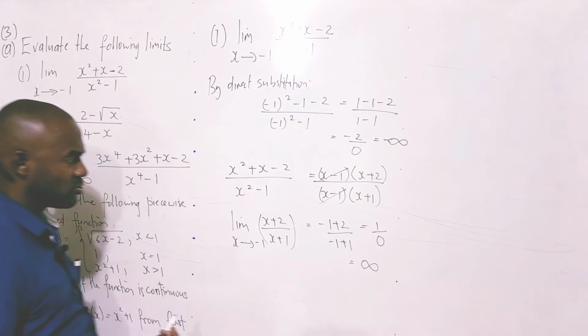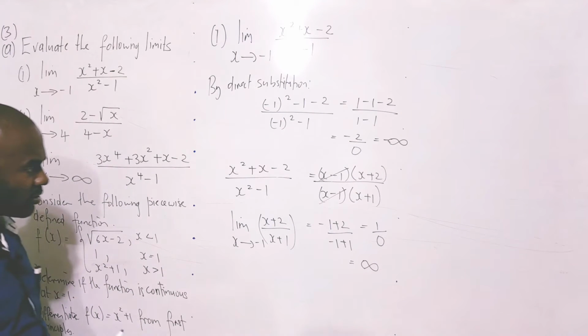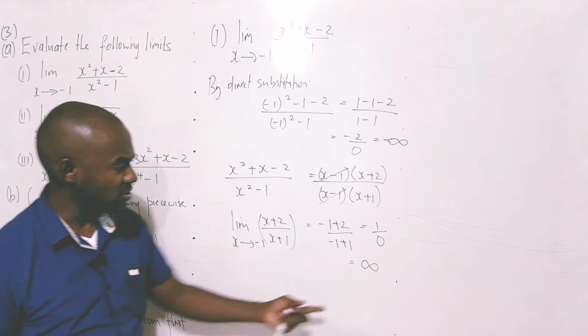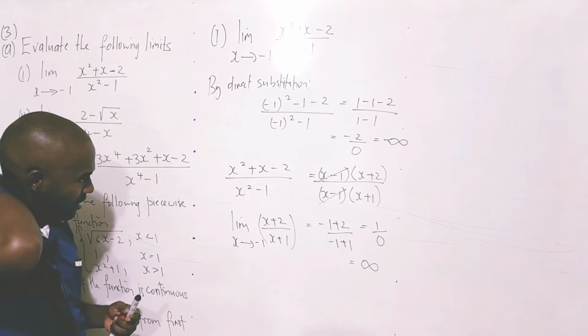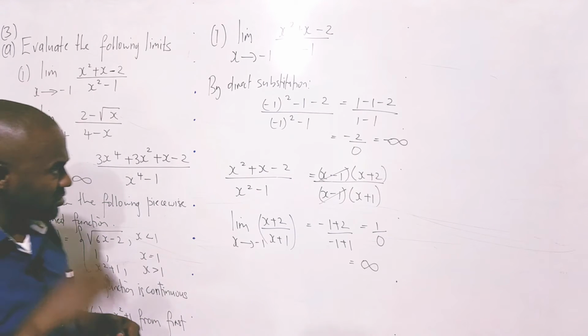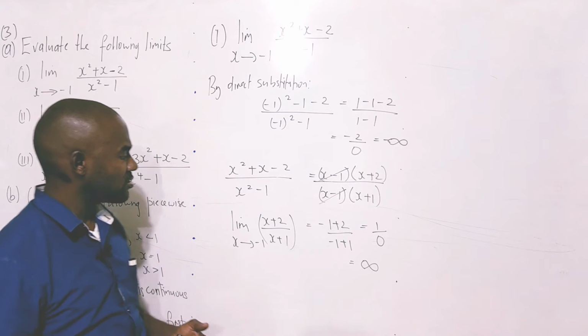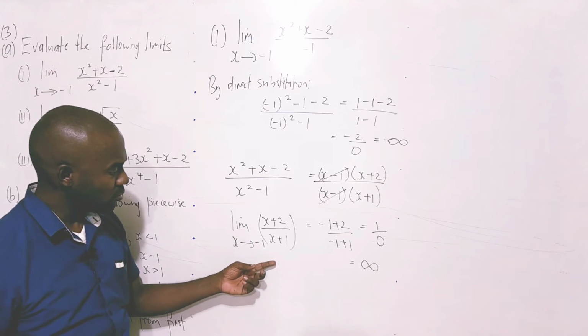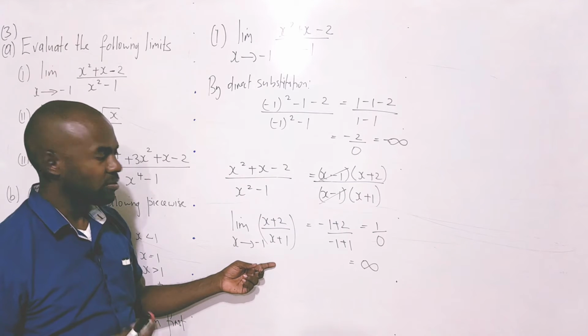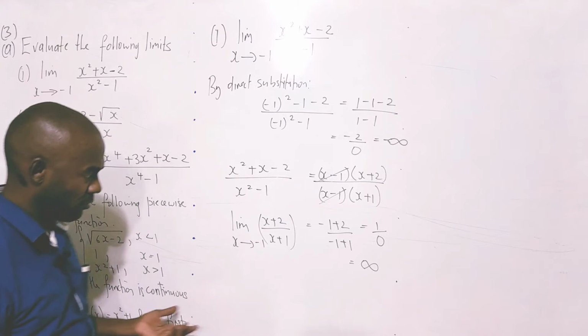So what this basically shows is that as x approaches negative 1, the function actually approaches infinity. Now, another way you can check how true this is, you can take turns substituting a value of x very close to minus 1 and see what value that gives to the function. I will leave you to do that.